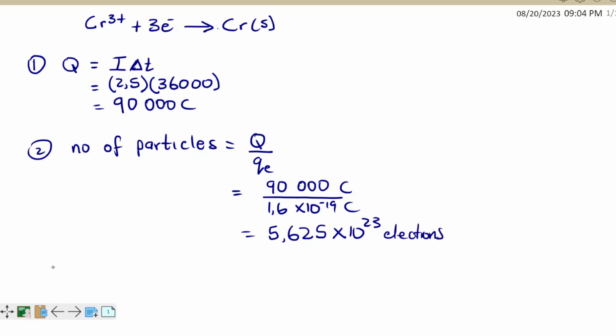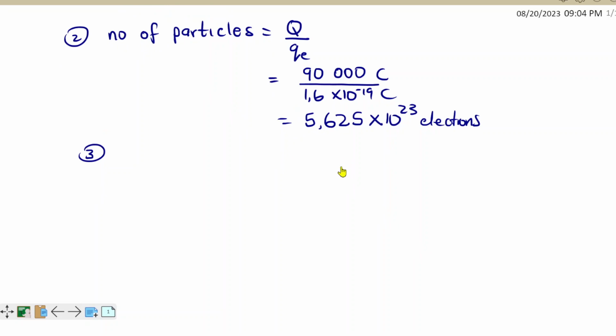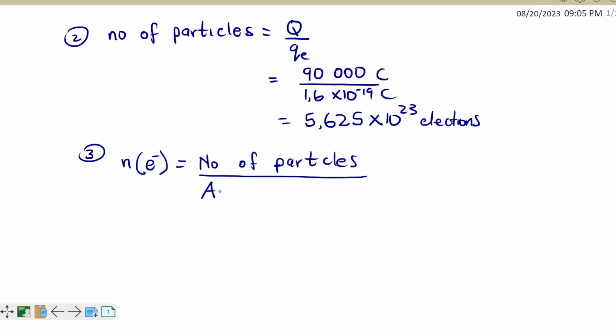Now, calculation number 3, we said now we have to find the number of moles of the electron. We do have the number of electrons. The number of moles of the electron is equal to the number of particles divided by Avogadro's number.